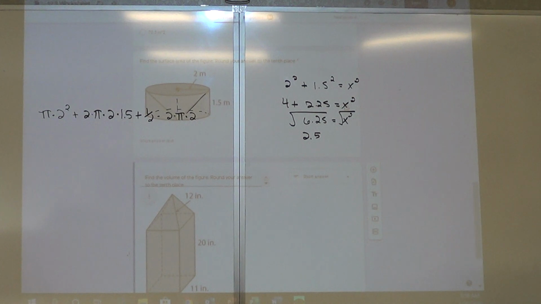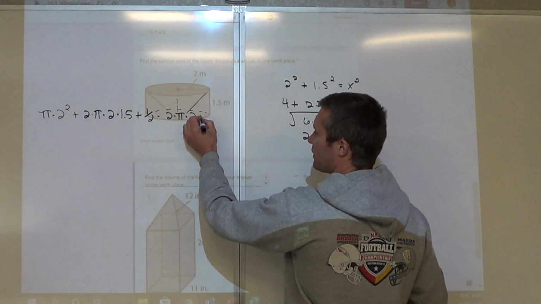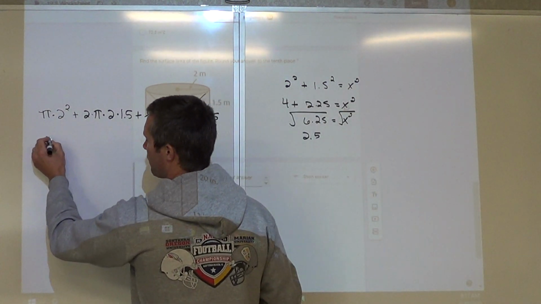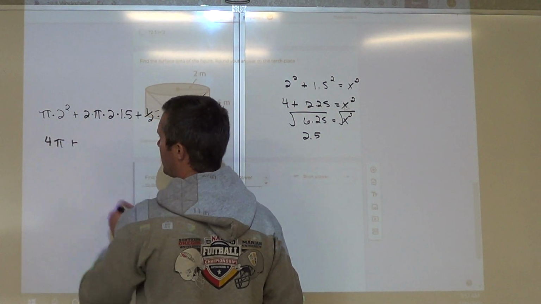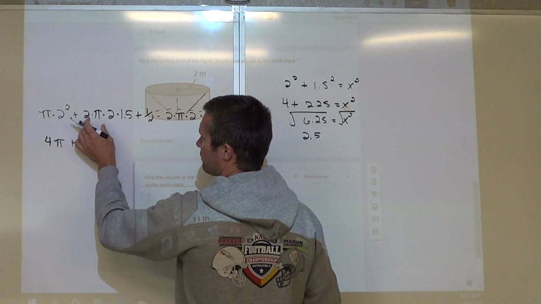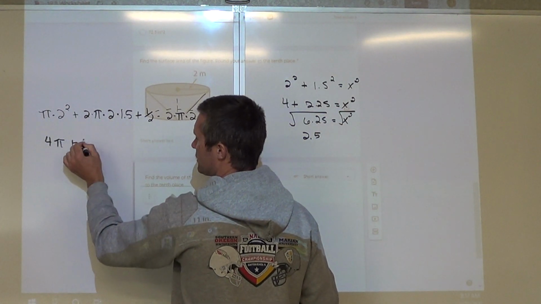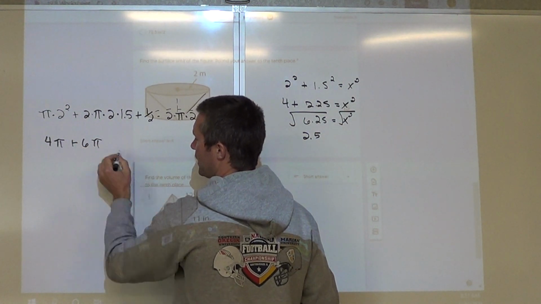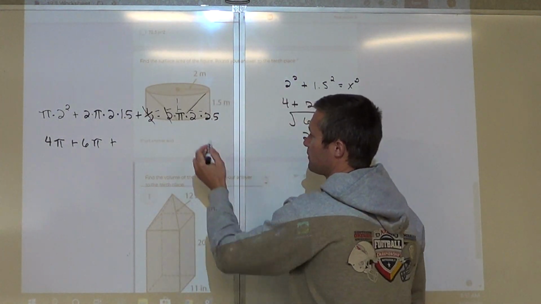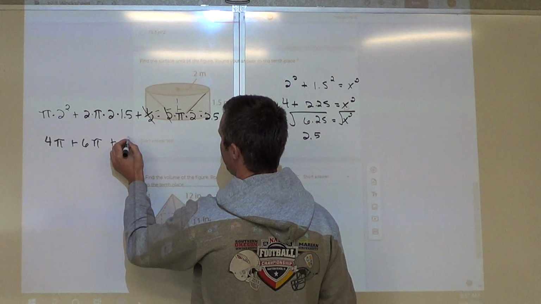And so we go ahead and do that. Once we get this, then we go times 2.5. So we come down here, this would be 4 pi plus 4 pi, so it would be 6 pi, plus 1/2 of 2 cancels, so this would be 2, this would be 5 pi.